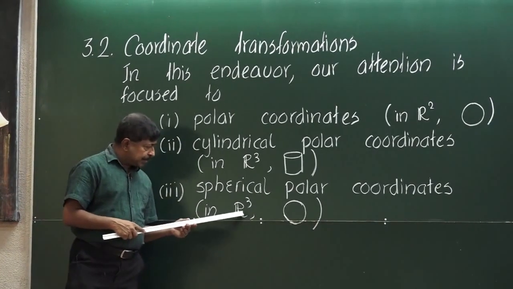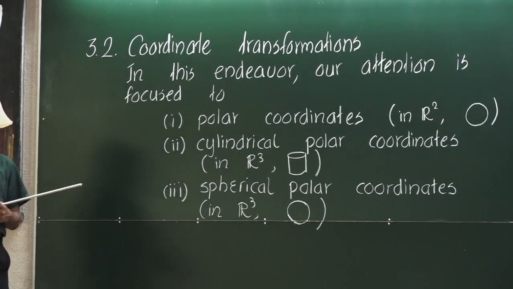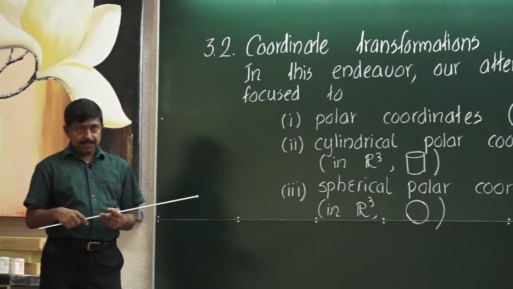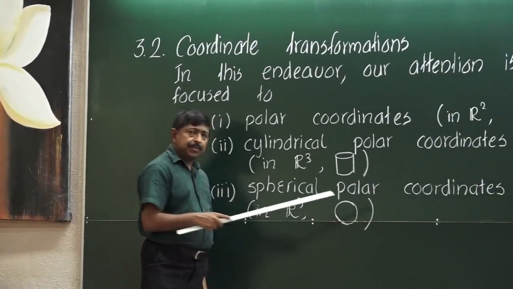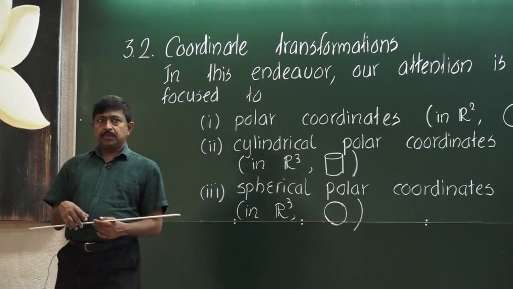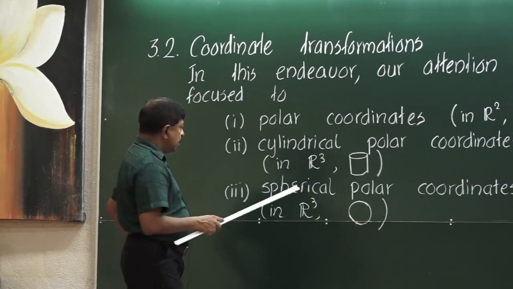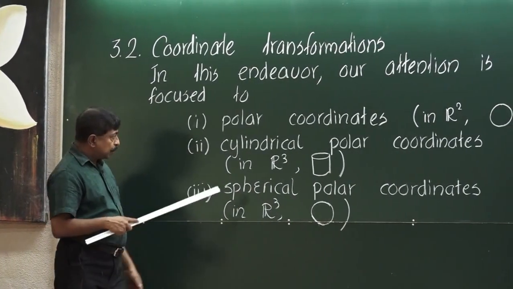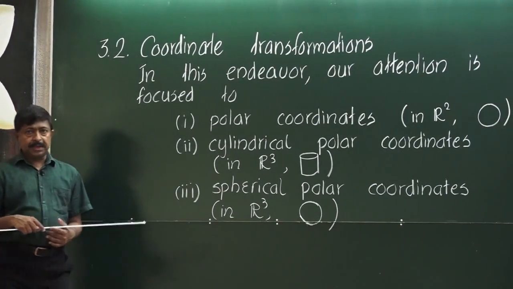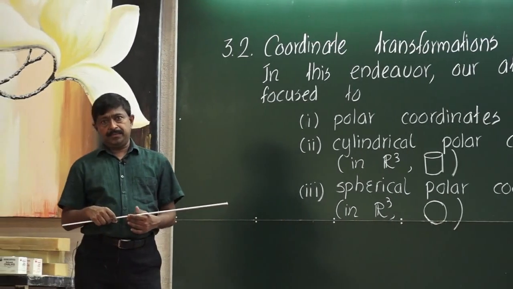Spherical polar coordinates are used when you are in R3, when the domain of integration is a subset of R3 and is a sphere or a portion of a sphere. For example, a hemisphere or some portion of a sphere, then spherical polar coordinates are very useful. Without spherical polar coordinates, it is extremely hard to evaluate that integral.